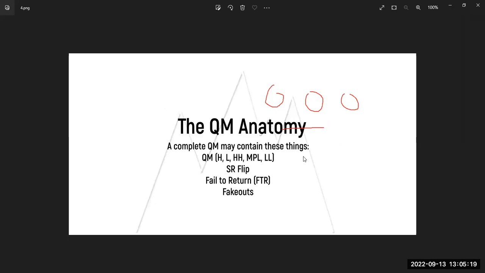For anyone to trade Quasimodo successfully, and for you to have a good risk reward ratio in trading Quasimodo, all these parameters must be contained in the strategy of Quasimodo. These are what you must see before you trade Quasimodo.